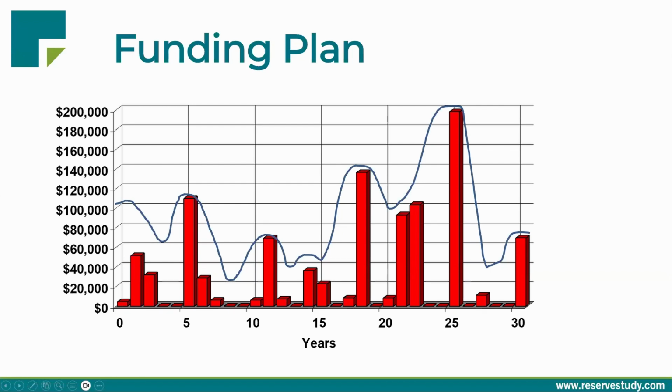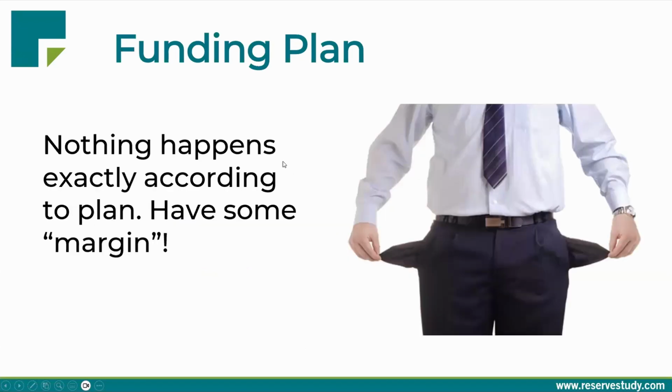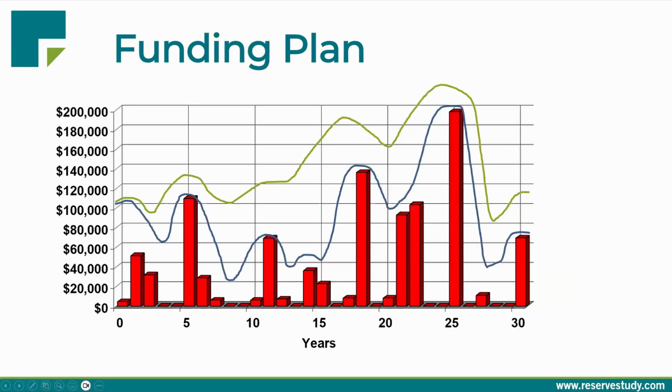And I say kind of because nothing ever happens exactly according to plan. You need some margin. So count on your reserve study provider to recommend a multi-year funding plan that provides an appropriate amount of margin for the projects that inevitably occur a little bit early or a little more expensive than projected. That's the green line in this slide.